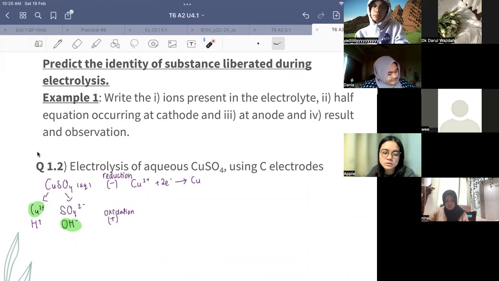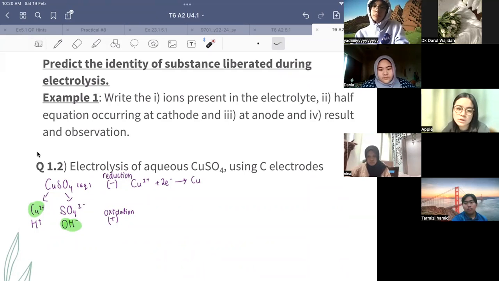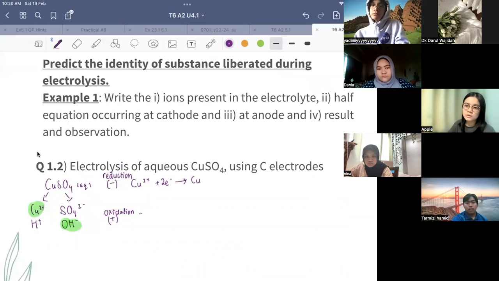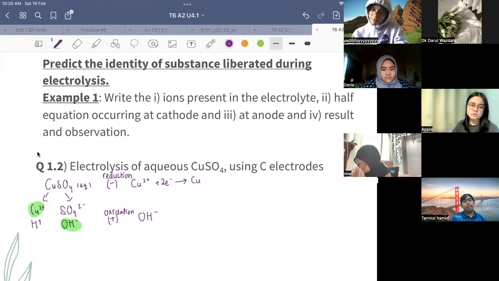As for the anode, which is your positive terminal, it will be your hydroxide ions. I never remember my half equation, but I know that hydroxide ions will undergo oxidation.